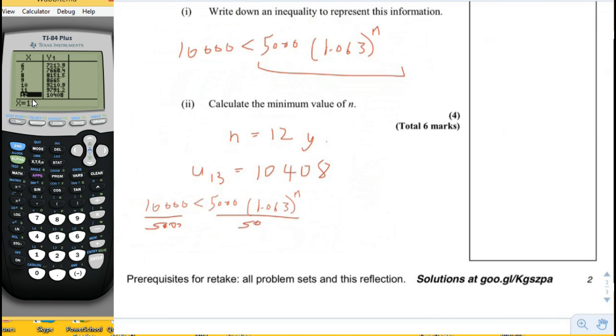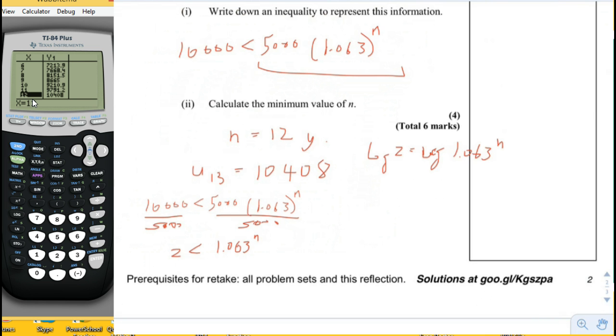Divide both sides by 5,000, and then we end up with 1.063 to the n is greater than 2. So when does that happen? Okay, so now we're going to take the log of both sides. So we'll have log of 2 equals log of 1.063 to the n.